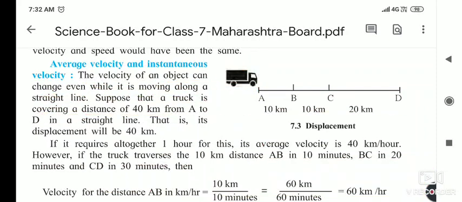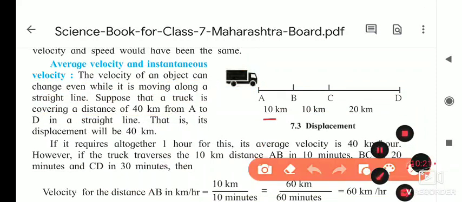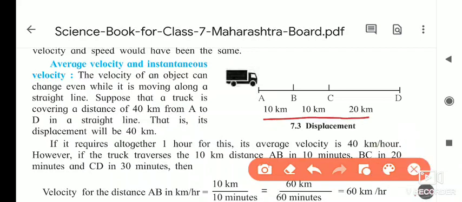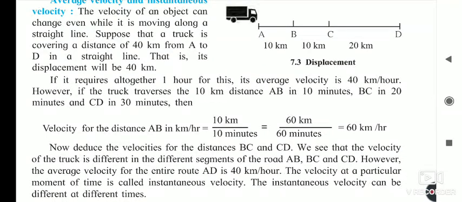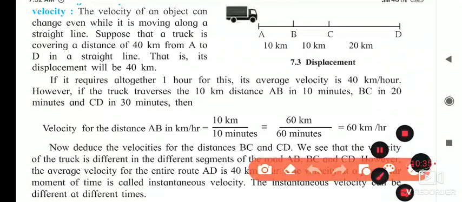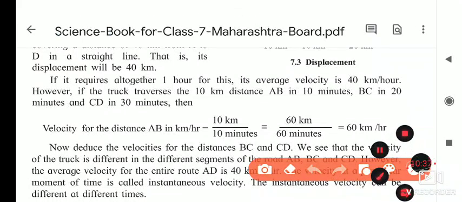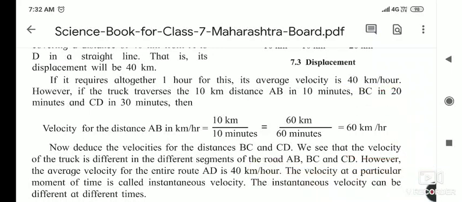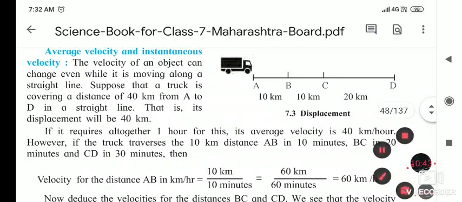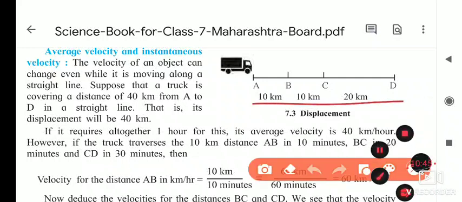How much distance is there here? It is 10 plus 10 plus 20, so the total distance is equal to 40 km. Now, if it requires 1 hour for this, its average velocity is equal to 40 km per hour. Okay, if it covers this AD distance in 1 hour, then its average velocity, what?